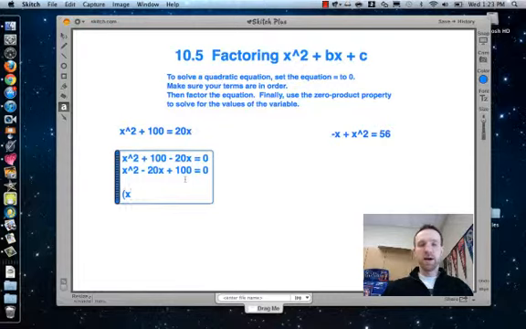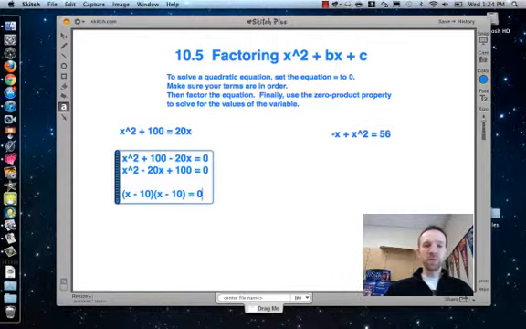How about 10 and 10? 10 times 10 is 100. 10 plus 10 is 20, but this is a negative 20. So that tells me that I have to have x minus 10 times x minus 10. That'll give me the negative 20x in the middle, and negative 10 times negative 10 is 100. So this still equals 0.